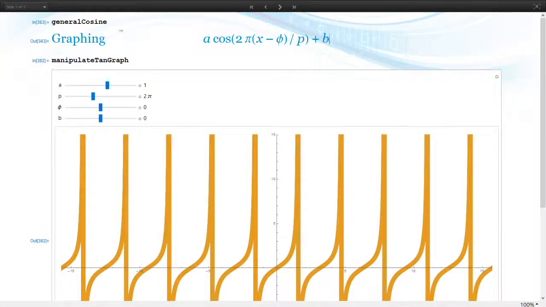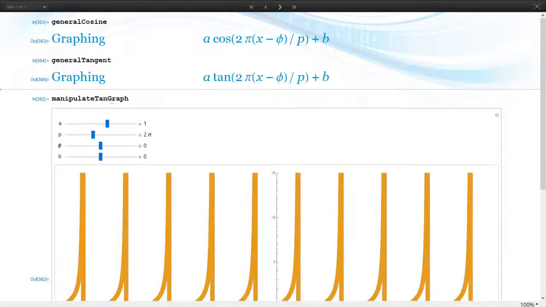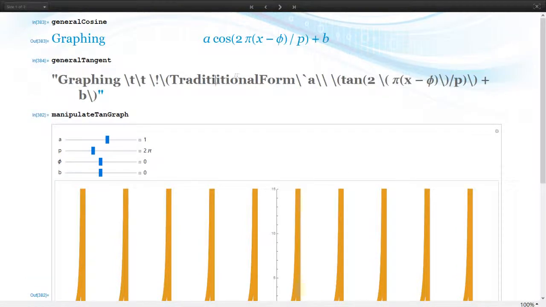This is not true for tangent and cotangent. For tangent and cotangent, we have to have a pi there instead of a 2 pi. Like so. Oh, there's an error on the slide. This should be a single pi by itself.